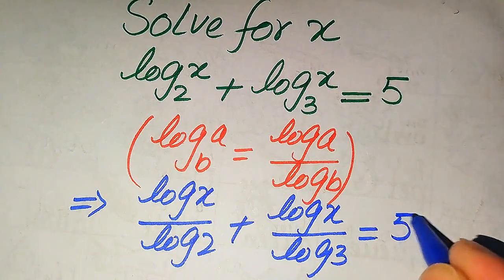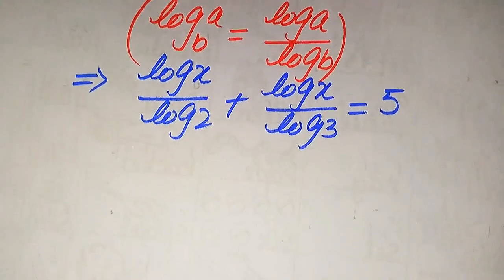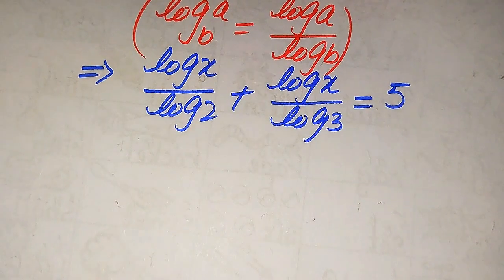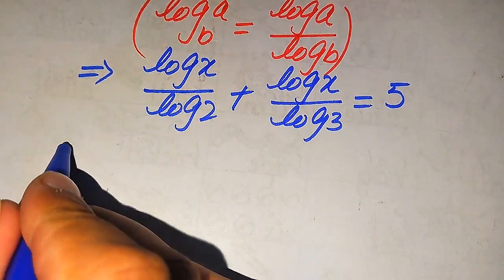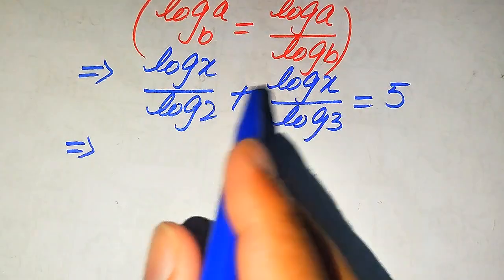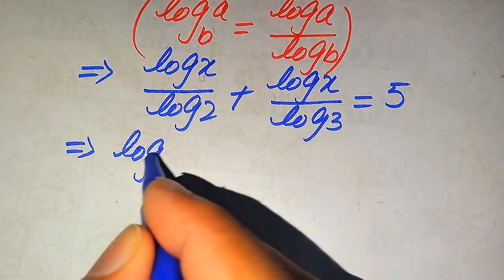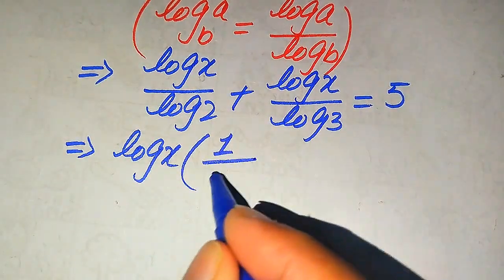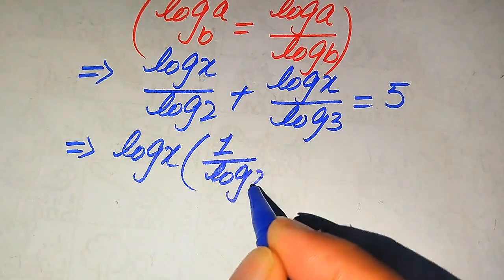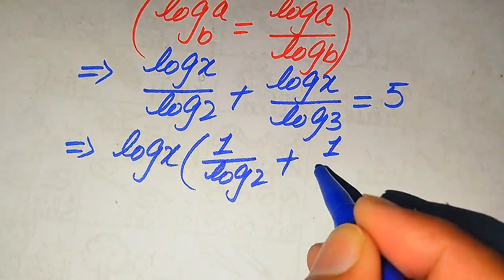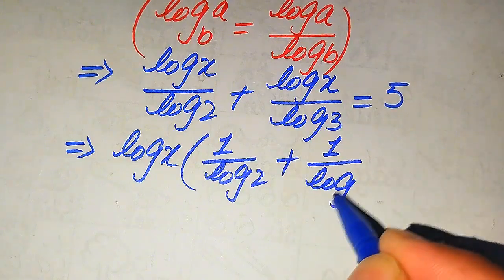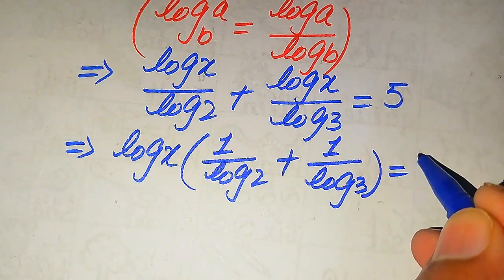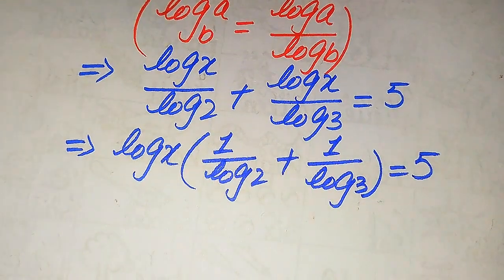is equal to 5. And in the next step we need more simplification, and you see here log x is the common term, so we take common log of x from here, and we get the remaining values 1 over log 2 plus 1 over log 3 is equal to 5.